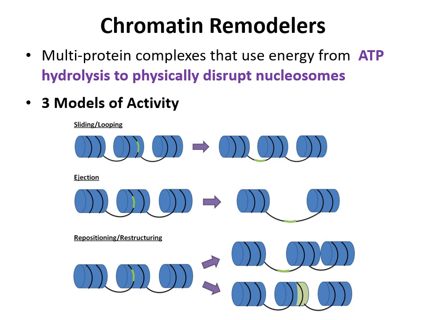There's the sliding looping method, where you see it basically tugs that DNA until the gene that you want to activate is now nice and away from the histone proteins. There's the ejection method, where the chromatin remodeler will pop out or pull away one of the big histone nucleosome structures. So you notice here you have 3 of those structures of histones wrapped with DNA. Here, the middle one has been completely removed, so that's ejection.